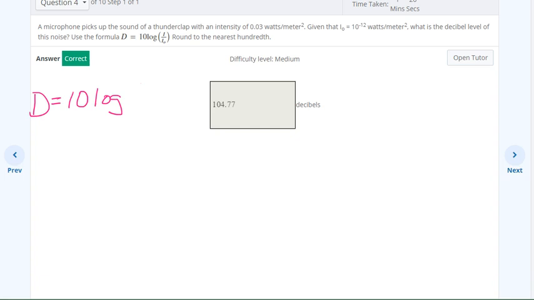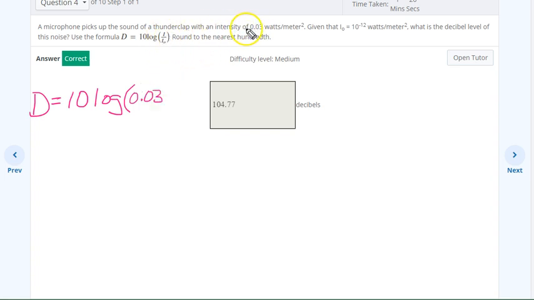Now, many of these require just the knowledge of how to substitute what they're giving you in the questions over here into the formula. So I started to write the formula here. D equals 10 log, and then a parenthesis will come up, and then you're going to put this top part in here, 0.03.